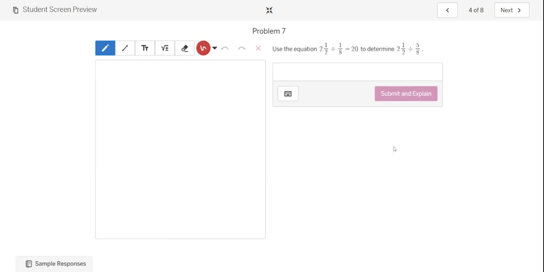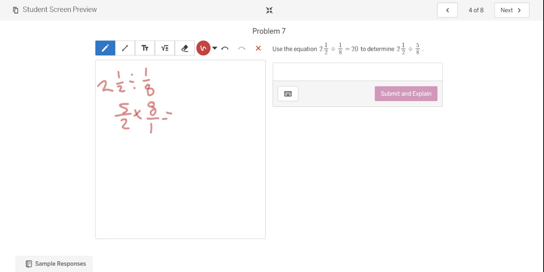Next, 2.5 divided by, oh yeah, use the equation. So I've got 2.5 divided by 1/8. That's the same as 5/2 times 8 over 1.